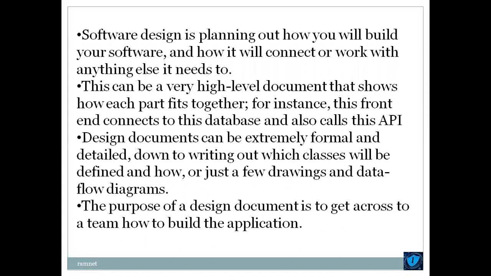Design documents can be extremely formal and detailed, down to writing out which classes will be defined and how, or just a few drawings and data flow diagrams. So this is about design considerations. The purpose of the design document is to get across to the team how to build the application. These are all theoretical things we just need to go through. Okay, let's go to the next slide.